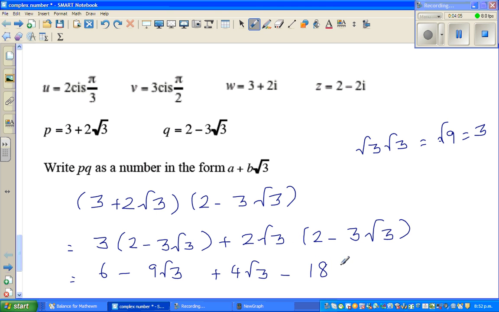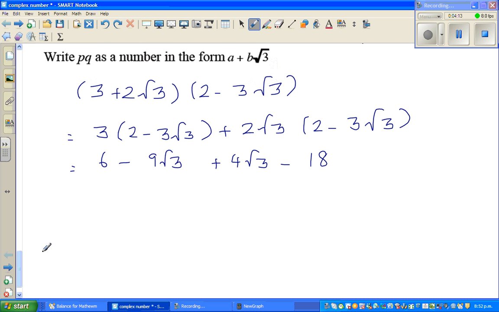I hope it's clear. So 2 times 3 is 6, and root 3 times root 3 is 3, so 6 times 3 is 18. So this is nothing but 6 minus 18 minus 9 root 3 plus 4 root 3. So this is nothing but minus 12 minus 5 root 3.